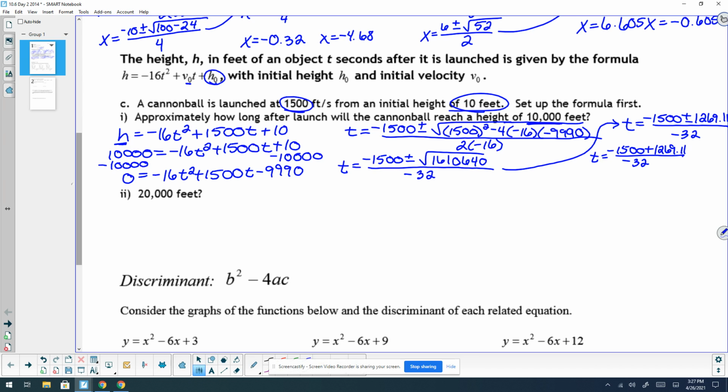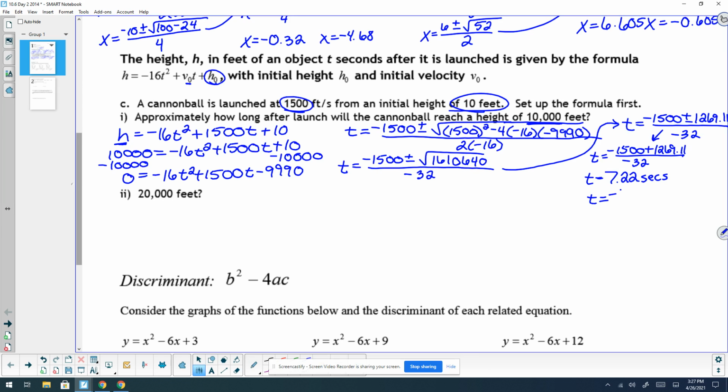So I have negative 1,500 plus 1269.11 divided by negative 32 ends up being 7.22 seconds. Now, I'm going to run out of space here, so I'm going to have to erase this after I get done with this. So this went here, my negative is going to come down here, okay?